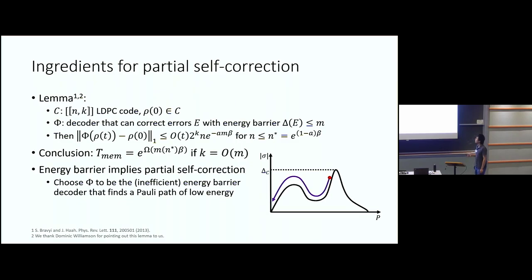And so this means that if the code actually just has an energy barrier, then you already get partial self-correction. And this is using a decoder that could possibly be inefficient, which we call the energy barrier decoder. The way this decoder works is that it just tries all possible paths and finds the one that doesn't cross the energy barrier. So it's kind of a naive decoder, but it will be some decoder that allows you to do this.